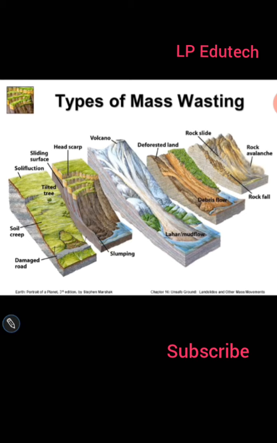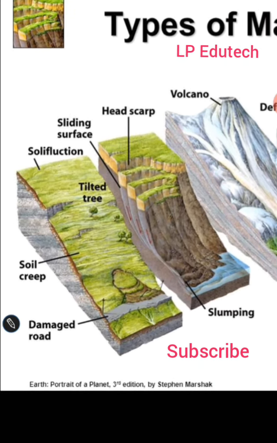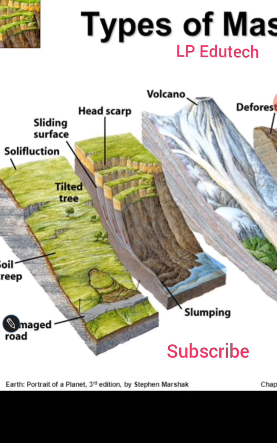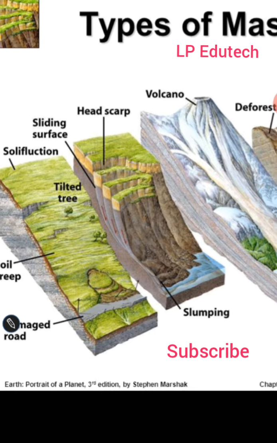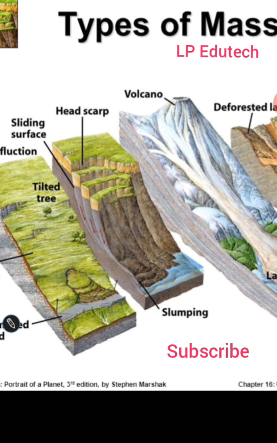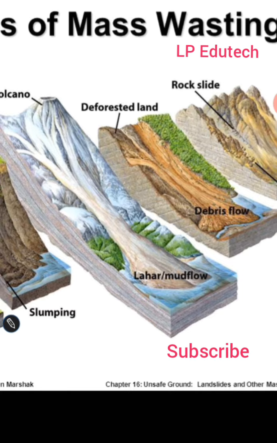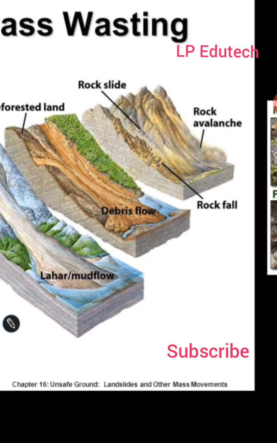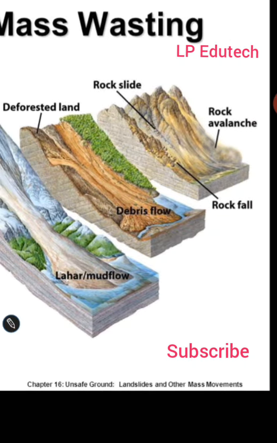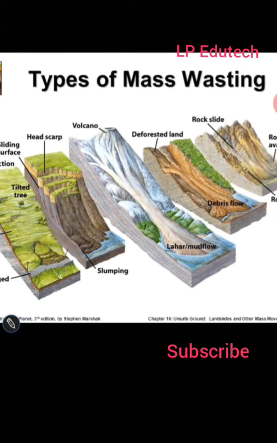There are other types of mass wasting too: landslide, see the sliding surface, solifluction, tilted trees, soil creep, and its effect is damaged roads. Headscarp, volcanoes, mud flows. Deforested land is called debris flow. Then rock slides, rock avalanche, rock fall. So these are other types for your extra information.